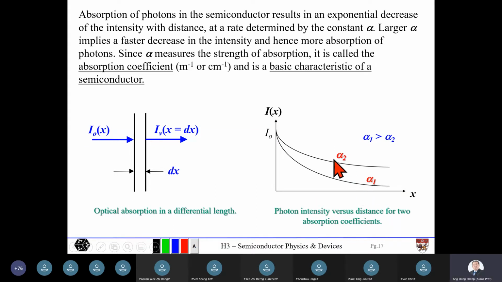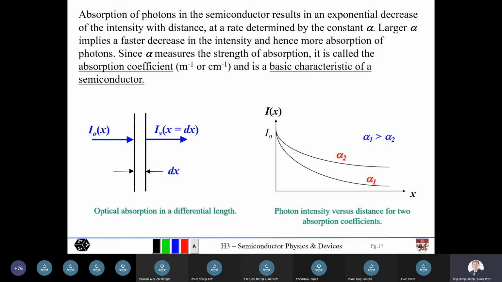On the other hand, if alpha is small, for example, alpha 2 here is smaller than alpha 1, the light intensity decays more slowly into the semiconductor. In other words, light absorption happens at a slower rate when alpha 2 is smaller than alpha 1. Alpha 1 is the larger, so the light absorption happens at a faster rate as the light travels into the semiconductor. So alpha is given this name, the absorption coefficient.